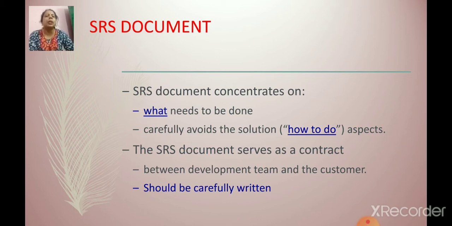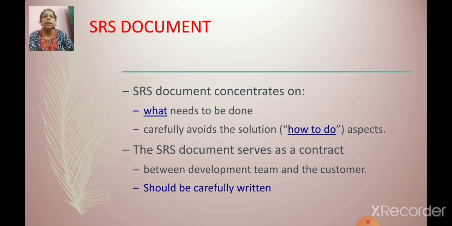The SRS document serves as a contract between the development team and the customer, so it should be carefully written. It is a contract between the customer and the organization or project team, because all the requirements are organized and written in the SRS document.